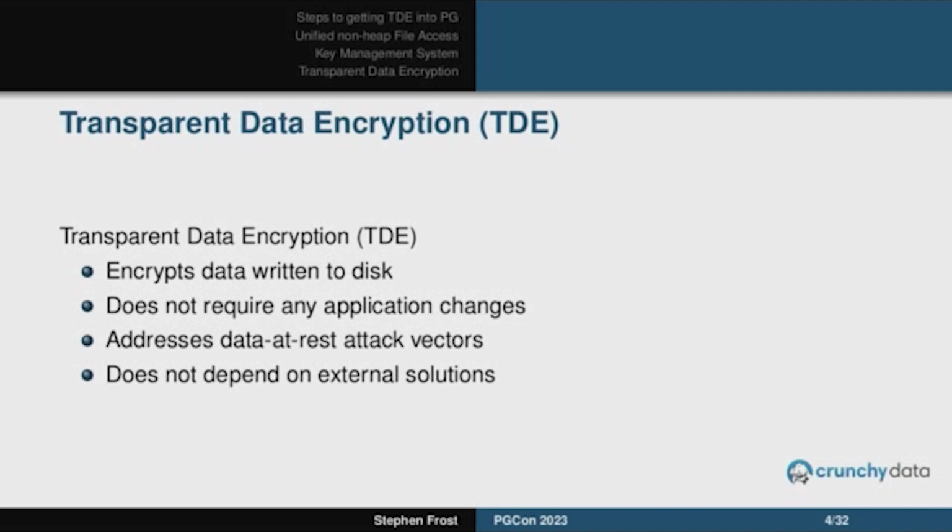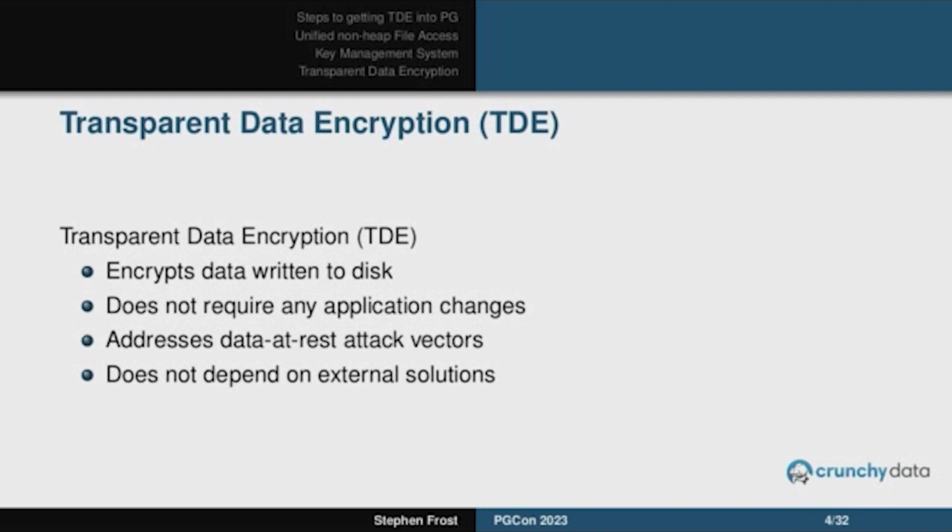But that is something that's going to require application changes, and not everybody's going to want to deal with that. The whole point of TDE is that it addresses a lot of those data at-rest attack vectors, and it doesn't depend on external solutions or require a bunch of other setup.